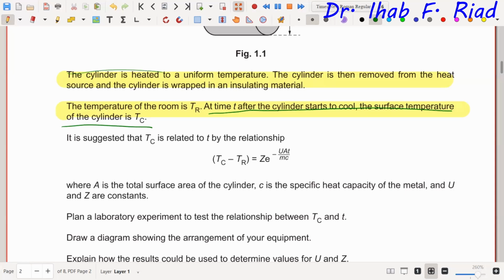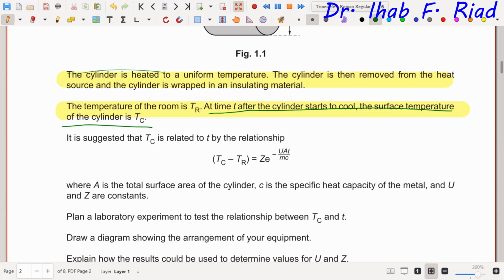Then we start our stopwatch. It starts at time 0, right? Then we measure a temperature of the cylinder. Say we measure a temperature of 75 degrees when time was 0. Okay?